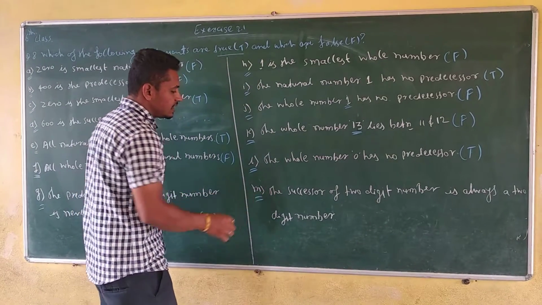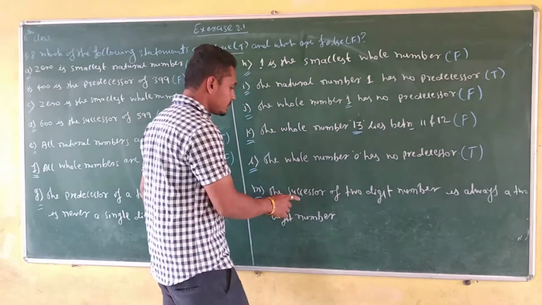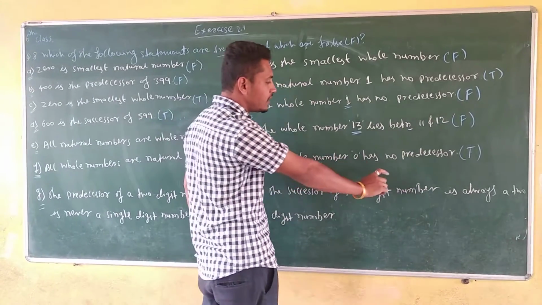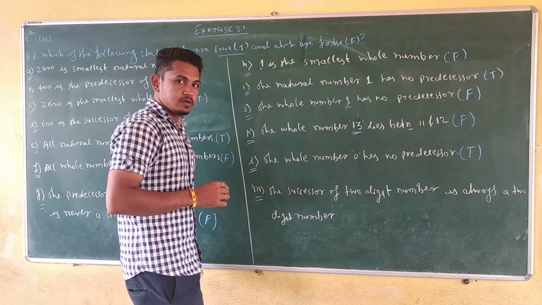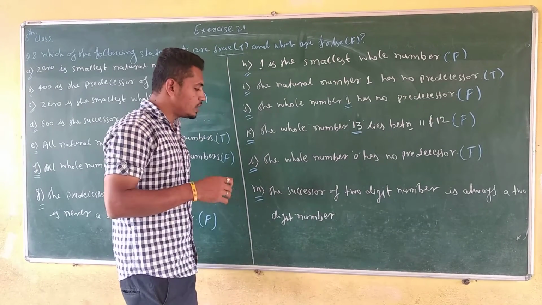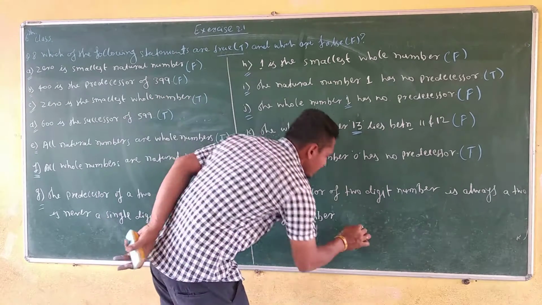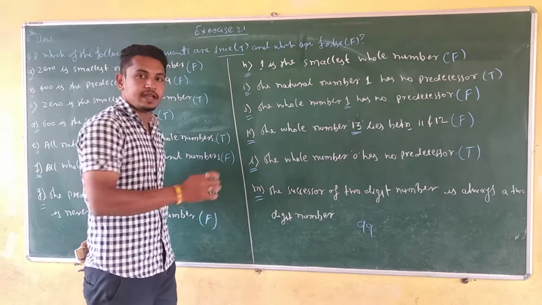Next here, the last statement: the successor of a two-digit number is always a two-digit number. Okay, take one example, 99. Find the successor of 99.